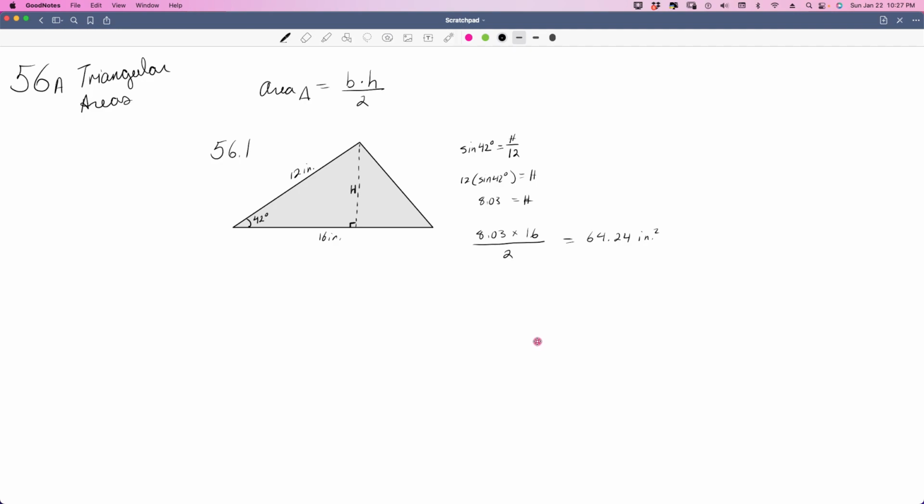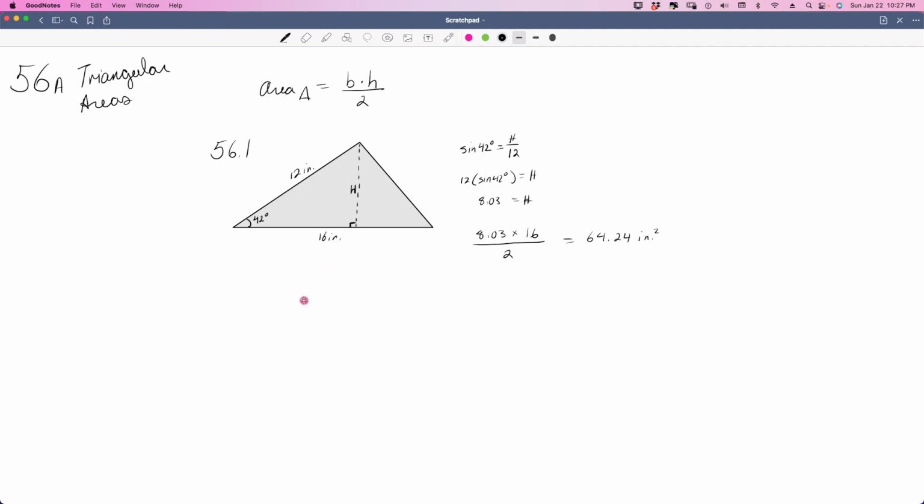Not difficult when you wrap your head around it. We're just using the same thing we've been using before to find the opposite side, the height, whatever that length is. And then we multiply height times the base. That's all we're doing. Easy peasy. You guys can do this in your sleep.